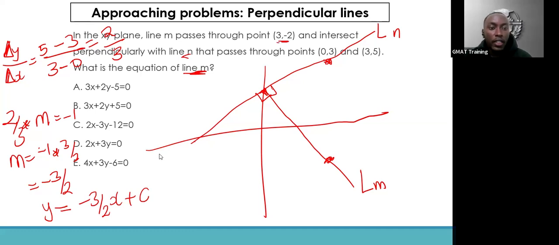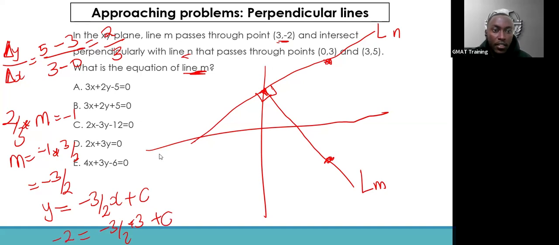With x being 3, we have negative 3 over 2 times 3 plus c equals y, which is negative 2.